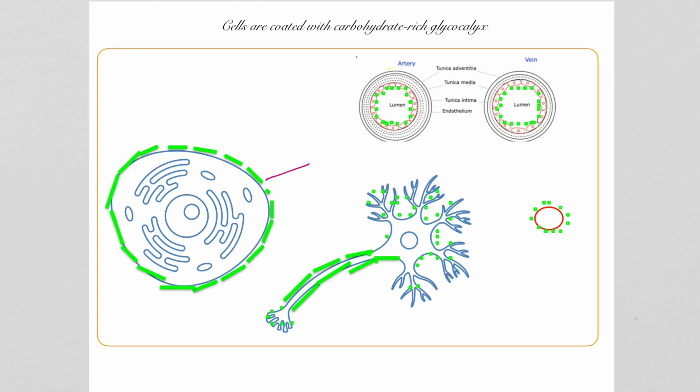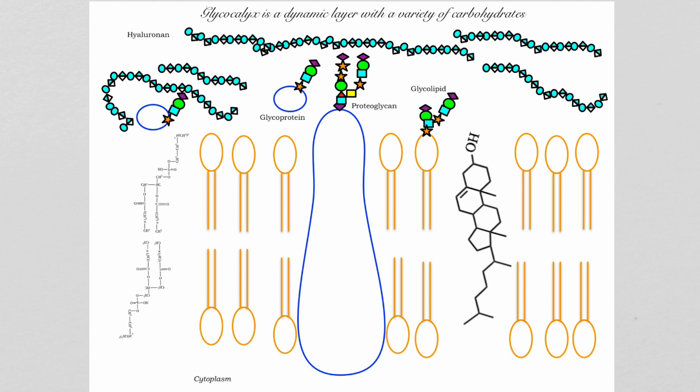Let's have a closer look at this glycocalyx. What is this glycocalyx? So here's your cell membrane, your lipid bilayer, and you can see on the surface of the cell all these carbohydrates. So for example, hyaluronan is a very, very long carbohydrate chain, very high molecular weight.